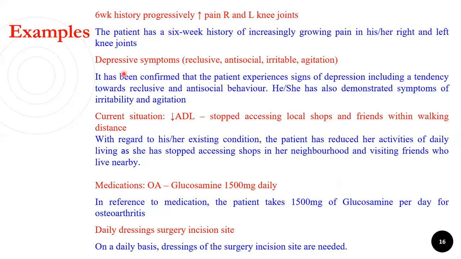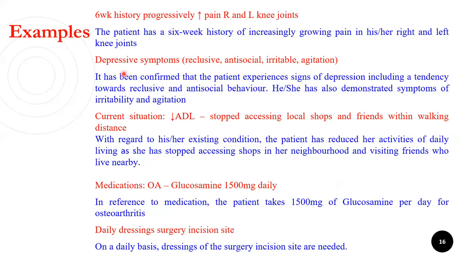Then the last example, the case note says daily dressings, surgery, incision, sites. On a daily basis, adding other parts of speech. Of course, thinking about the tenses as well. On a daily basis, dressings of the surgery incision sites are needed. Dressings are needed.